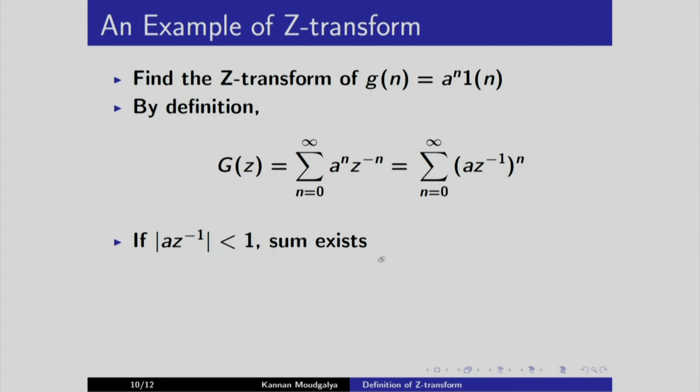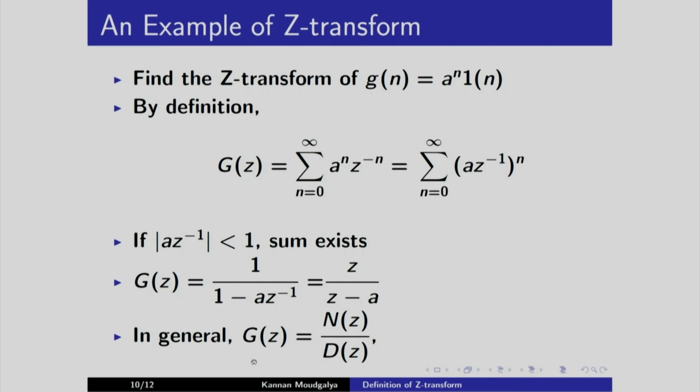If that is so, then the sum exists, and I can write it down using a well known formula. It is a sum of a geometric progression. So you can immediately write this as 1 over 1 minus this ratio, a z inverse, which can be simplified as z over z minus a. But remember, we have to make sure that this inequality is satisfied.